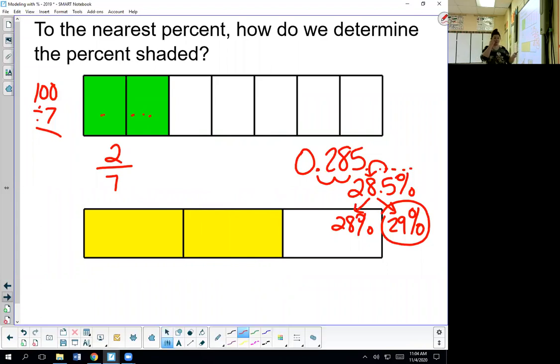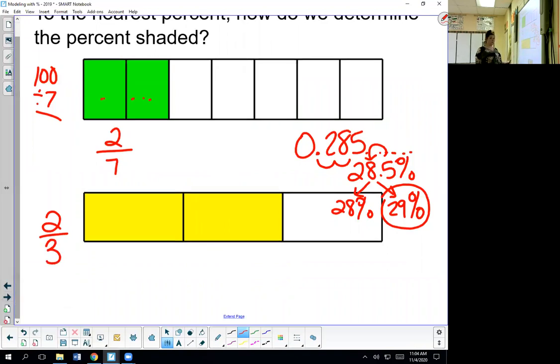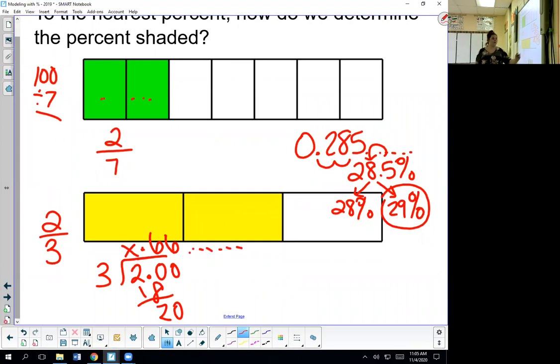You see how there's 2 shaded in out of 3? 2 shaded in out of 3, and I told you 3s will repeat, and they will. Put the numerator here, denominator here. Now this one you can see right off the bat. That's 6, which gives you 18. There's your 2, add a 0, that's 20. There it is, another 6, and so on and so forth. So this would be 0.6 repeating. So what percent would that be? Well, this continues on.